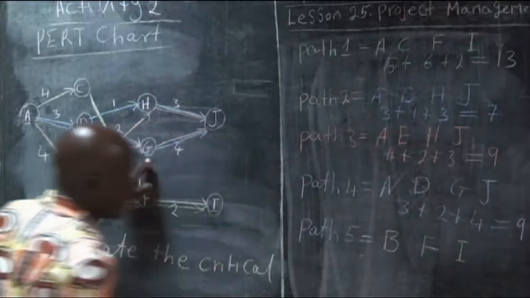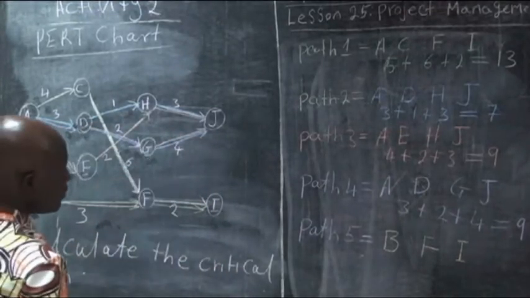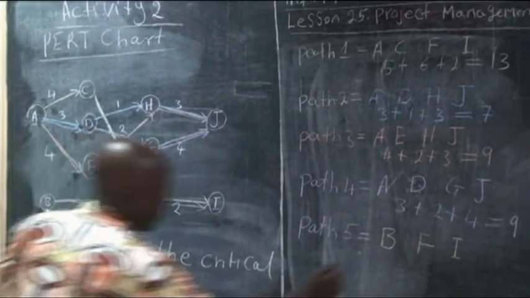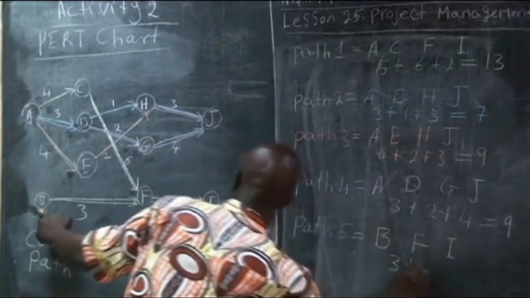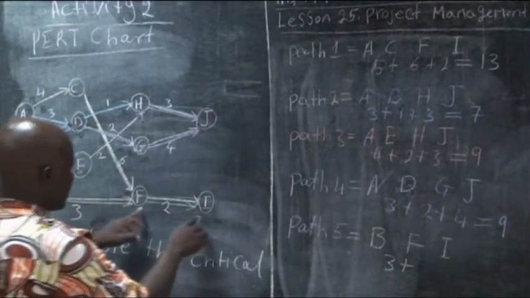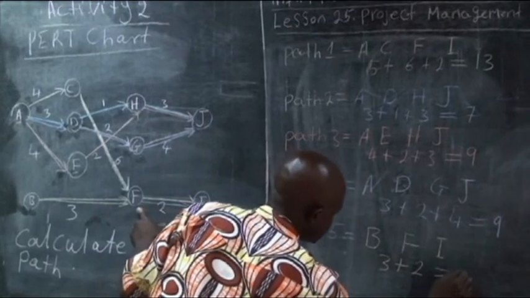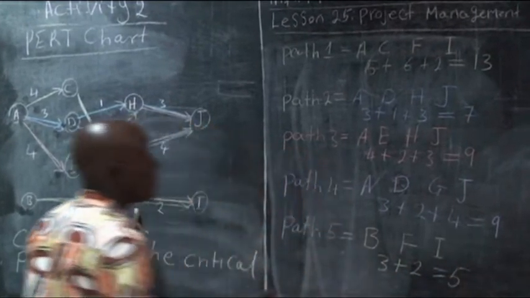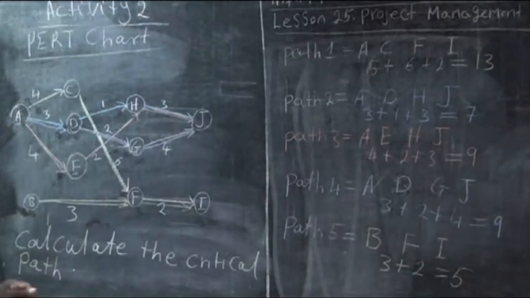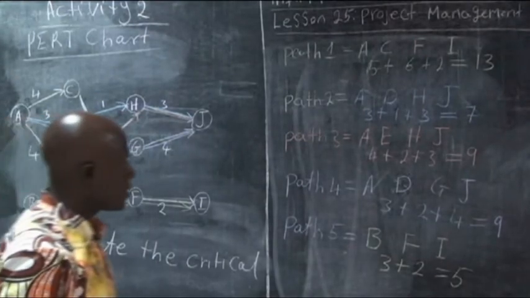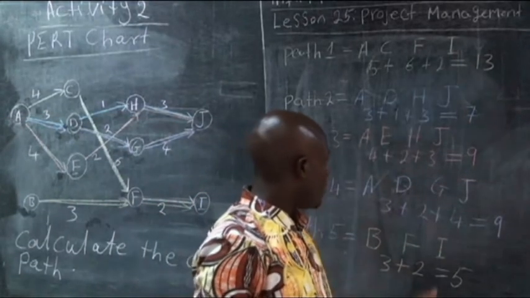And the last one, B to F is 3, plus F to I, 2, equal to 5. These are the various path durations we have obtained.